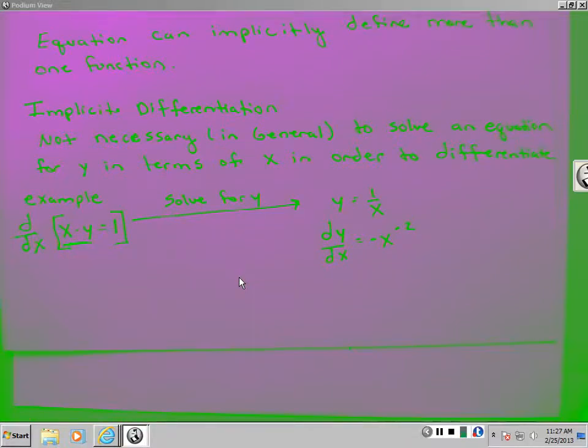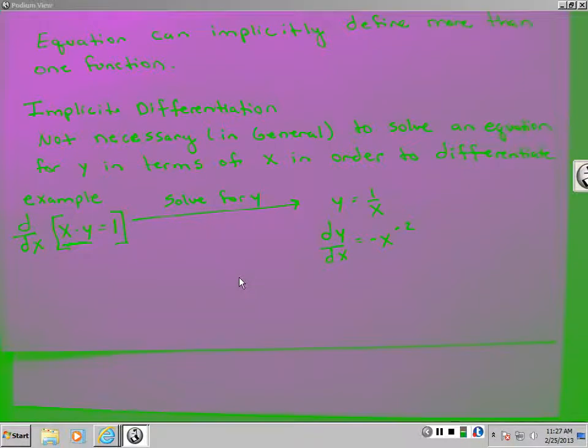The derivative of the first function, hold the second one, plus the derivative of the second function, hold the first one. x is a function of x. I mean, x is x, right? y is a function of x. So what's the derivative of x with respect to x? 1. What's the derivative of y with respect to x?